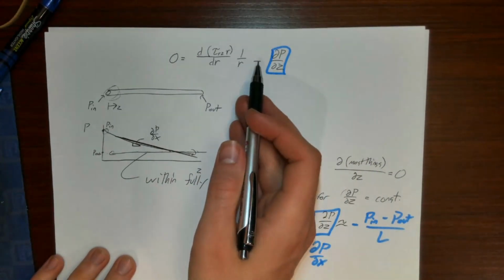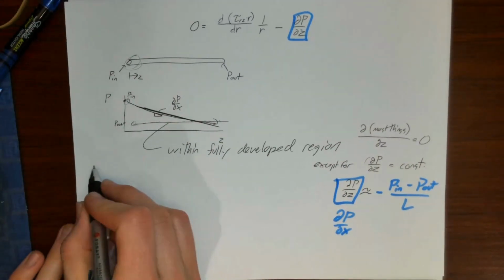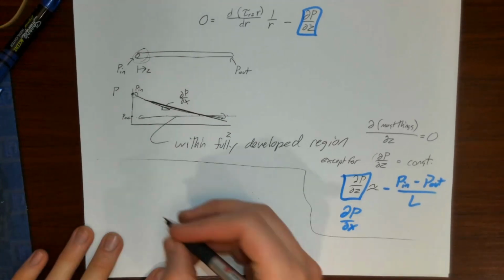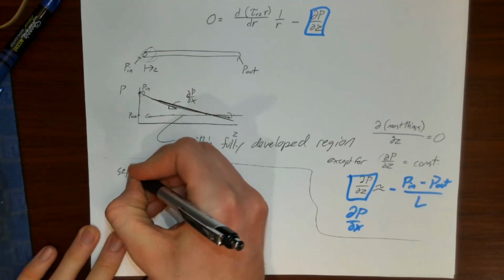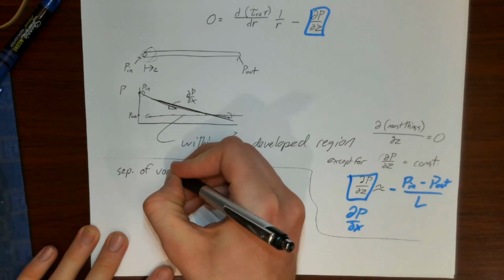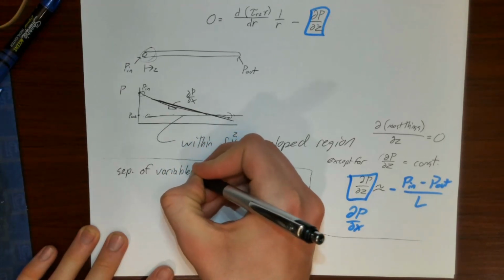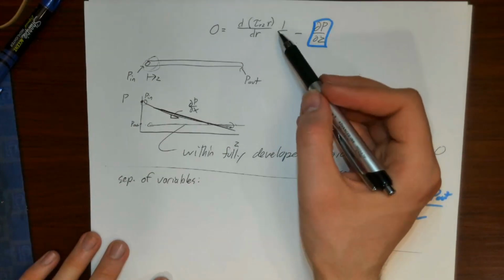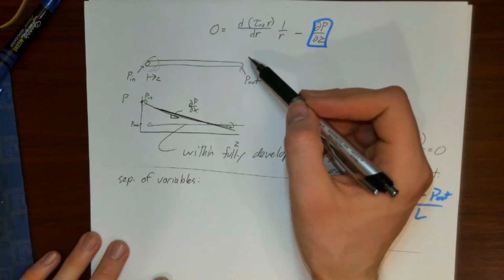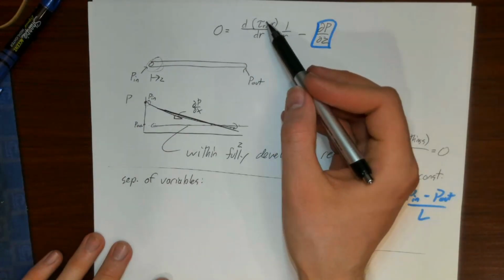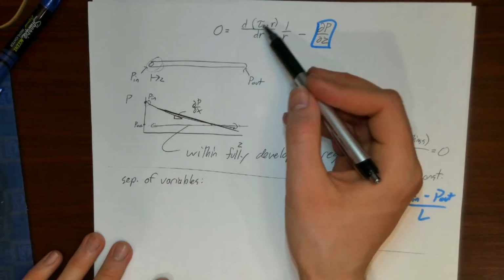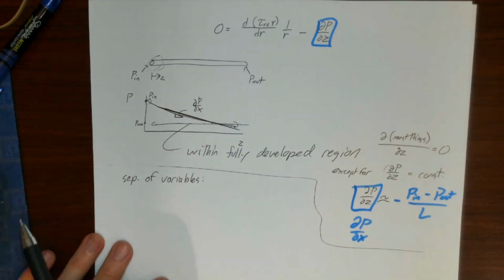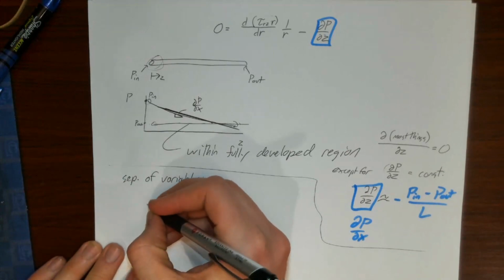So if I think about trying to solve this differential equation, one strategy that I might use is separation of variables. So what might separation of variables look like? Well, you try to get all of your r-related variables on one side of the equation and all of your numerator of the derivative things on the other side. So what's that going to look like?